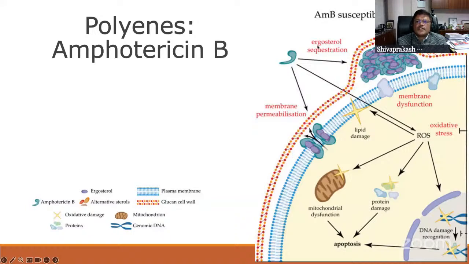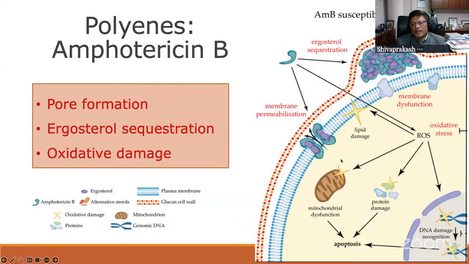There is ergosterol sequestration and permeabilization, and the major effect is pore formation on the cell membrane by amphotericin B. Once the pore formation is there, all the constituents of the cell will come out of the cell, because of the membrane permeabilization, and in that way the fungal cell gets killed. So it is a fungicidal agent. That's why we call it a fungicidal agent.